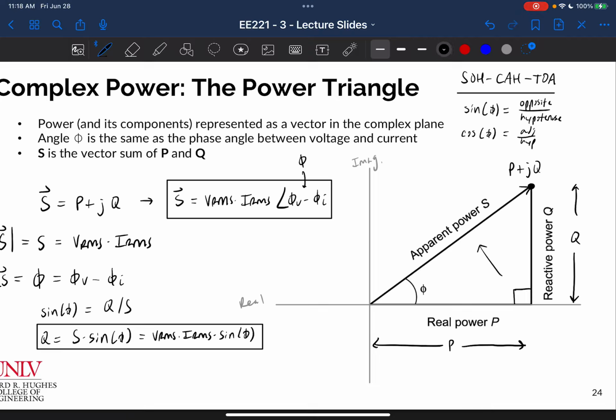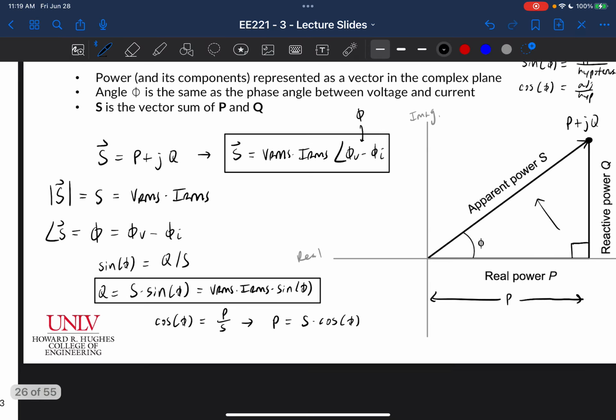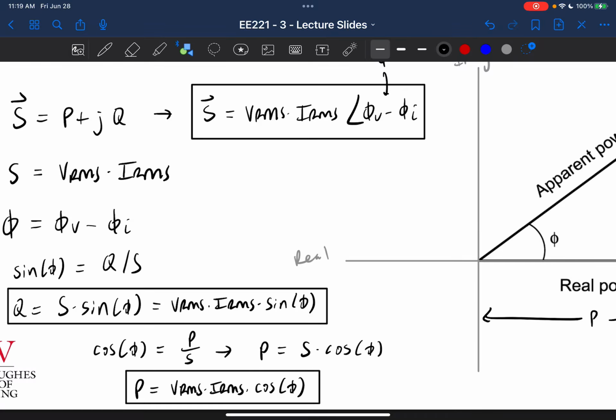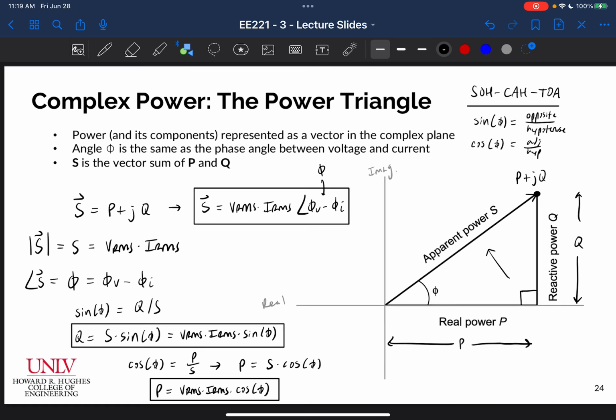And the hypotenuse is still S, so we can rearrange this for P, and we could say that P is equal to S times the cosine of phi, which, again, S is VRMS IRMS. P is equal to VRMS times IRMS multiplied by the cosine of phi, and that's exactly the equation that we got when we looked at average power, right?